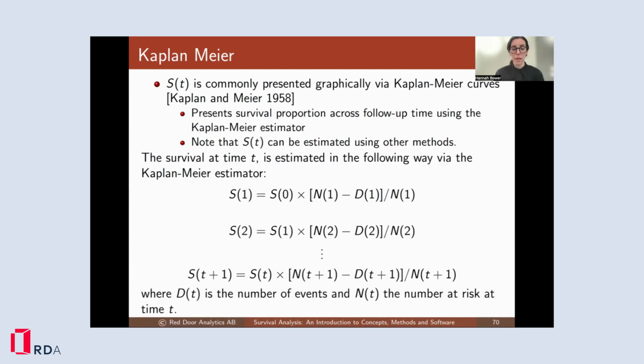Then we can look at what happens at time point 2, and we basically go up this iterative process using this formula to get to the point where the formula is as presented here on this line. So it's basically a function of the previous survival proportion, the number of events at that time point, and the number at risk at the time point as well.